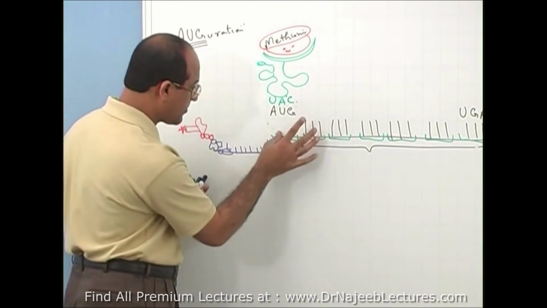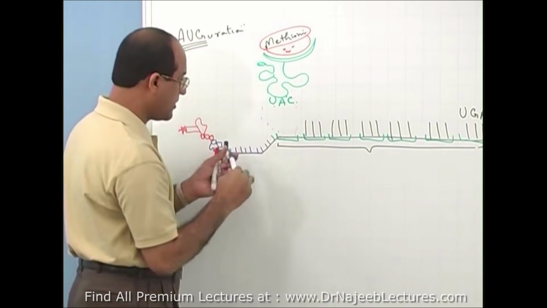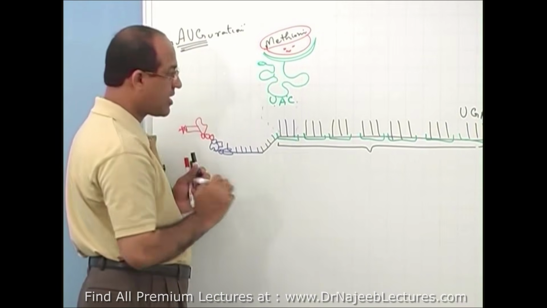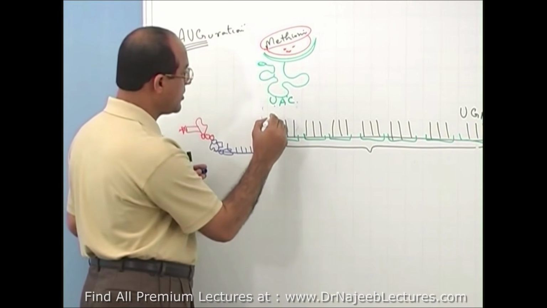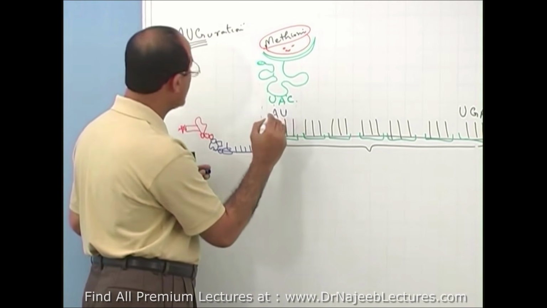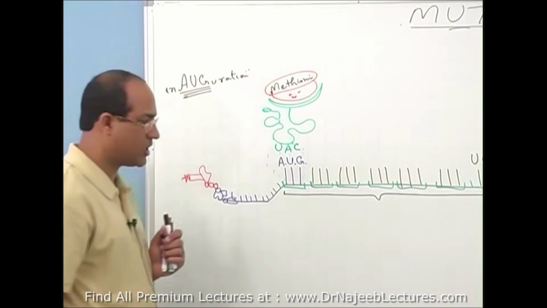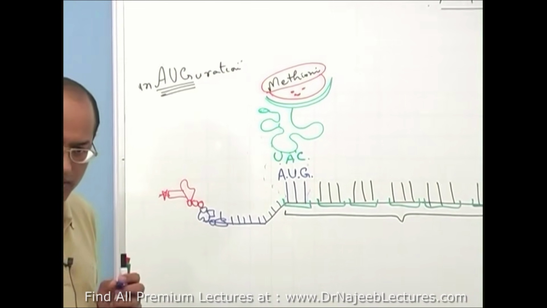Okay, let me make it clear before you really mess up the concept. Let's suppose this is the particular codon we are talking about, and this was having adenine, uracil, guanine, AUG. Is it clear?